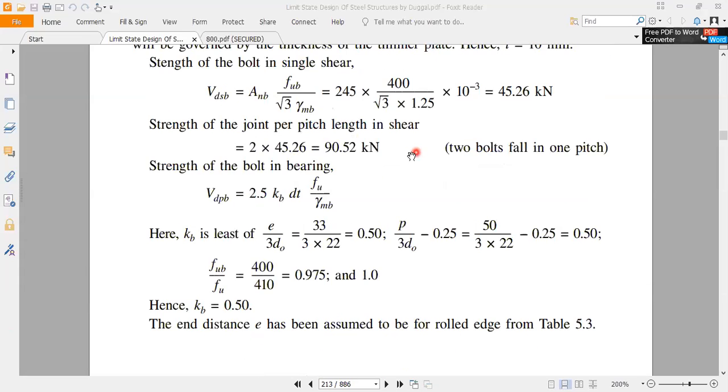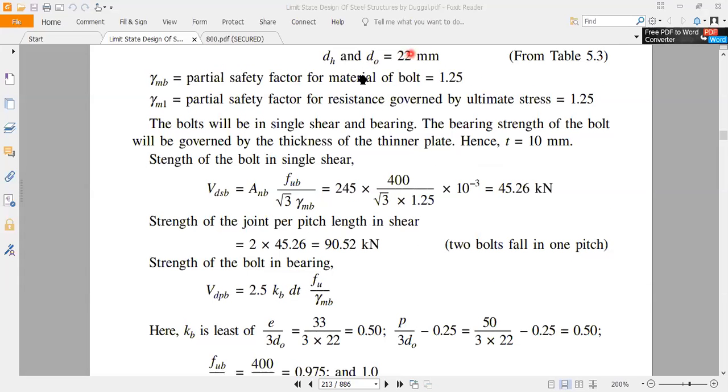The strength of joint per pitch length in shear is equal to 2 into 45.26, that is equal to 90.52 kilonewton. That's why they have considered two bolts, because two bolts are coming in one pitch. Done?